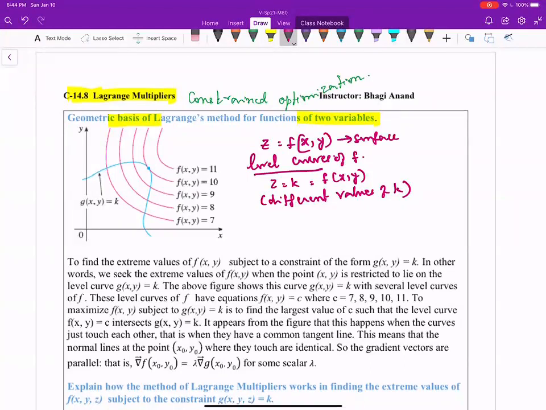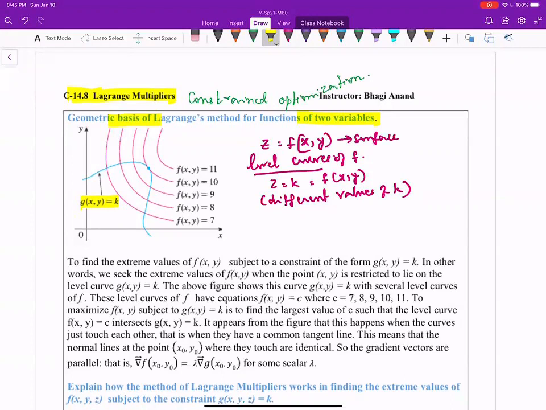Now you see another curve, one single level curve, which is g of x, y equal to k. We have another surface called g of x, y, and for that one you take a particular value of k and take a level curve for that different surface.